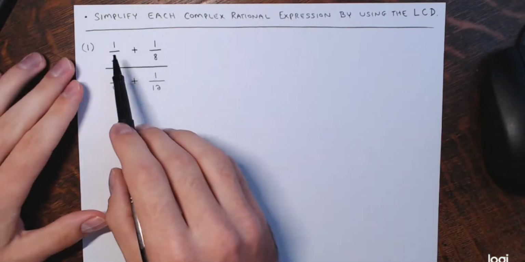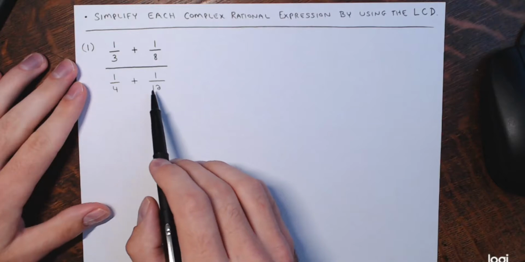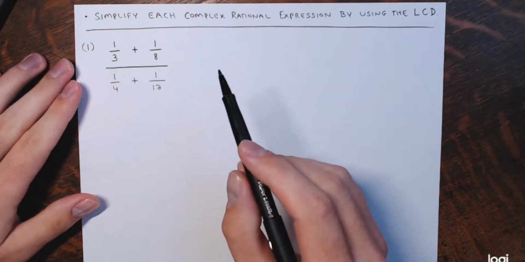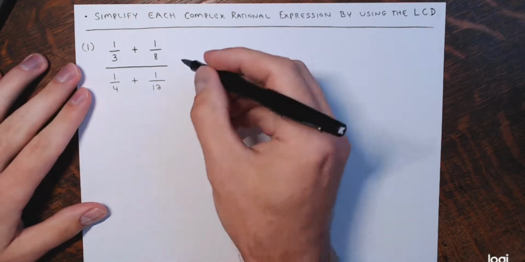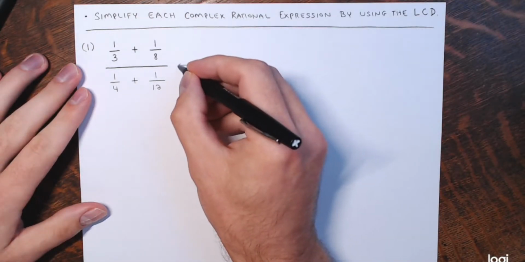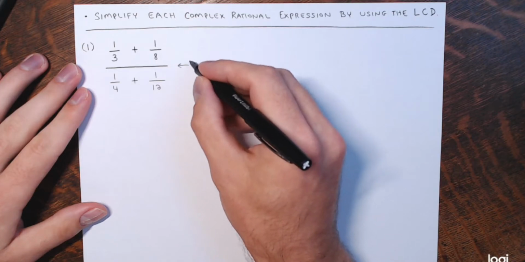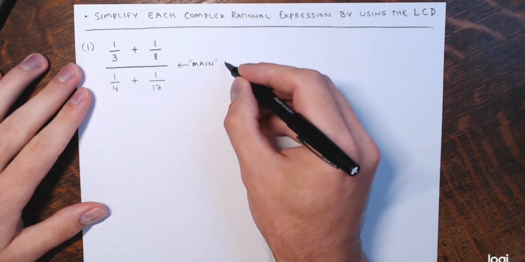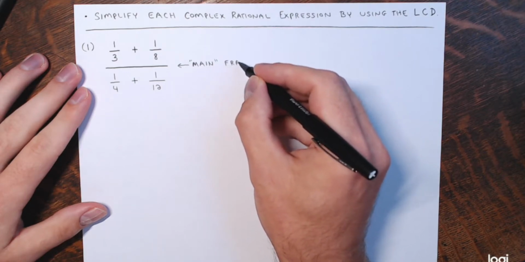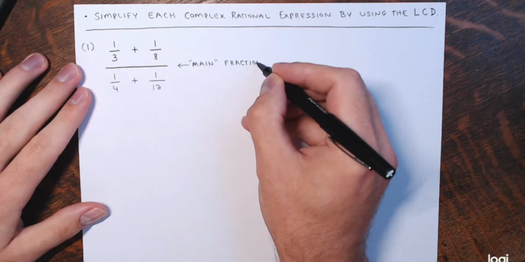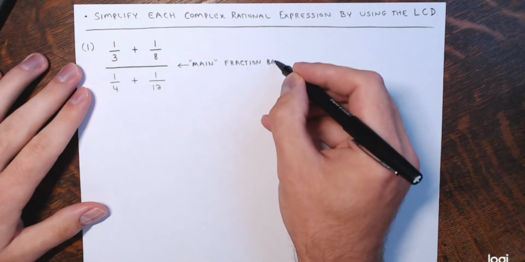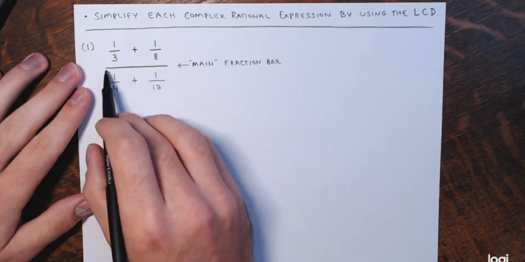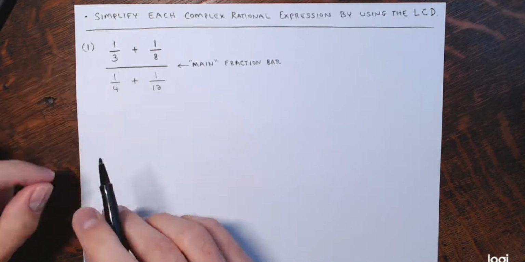So finally, now we're getting into example 1. Here we have a complex fraction. Hopefully you're seeing why it's considered complex: there are fractions within fractions. There's always going to be a main fraction bar, a main division bar in these problems, and it's just the longest one, the one in the middle.